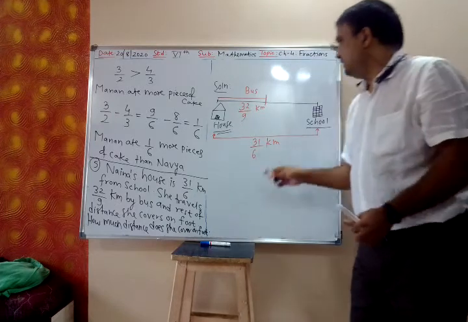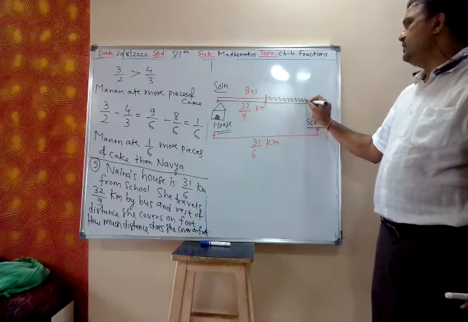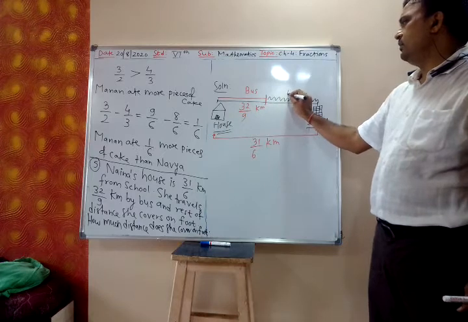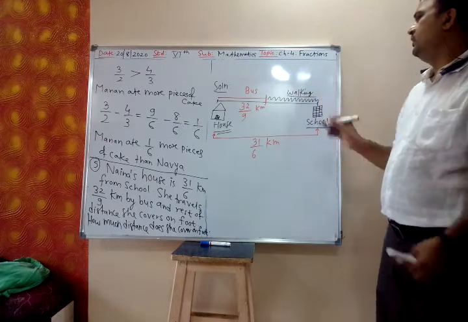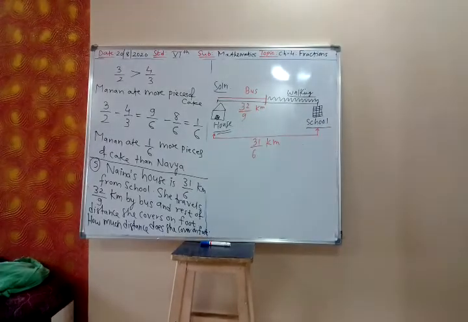Then this remaining distance she covers on foot, means by walking. Wait my dear, don't see 32 and 31. You see that they are fractions, 32/9 and 31/6.